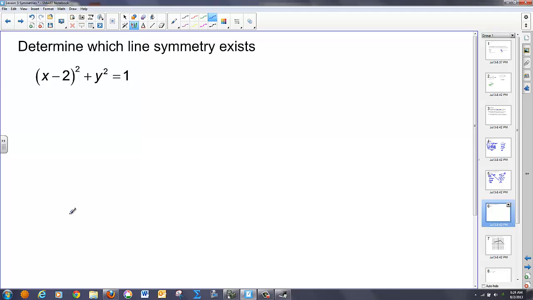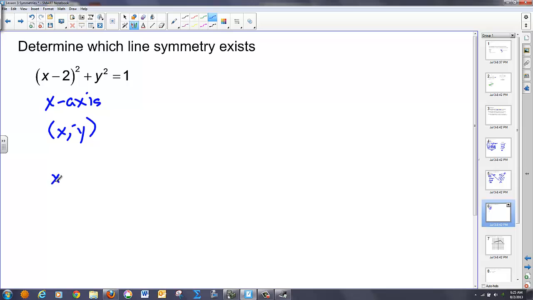Again, let's do some more practice. We'll find out if this is x-axis symmetry. If it's x-axis symmetry, we know the y's are opposite. Make our substitution.